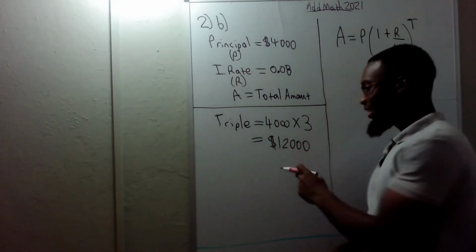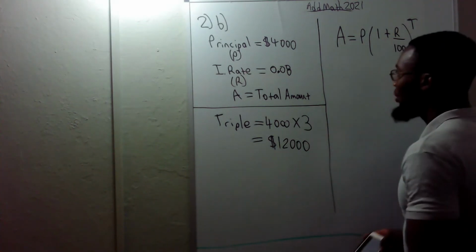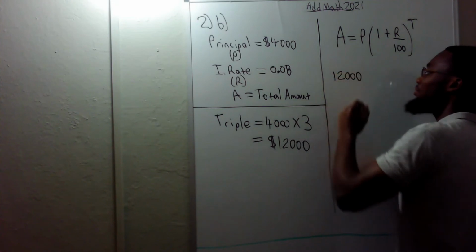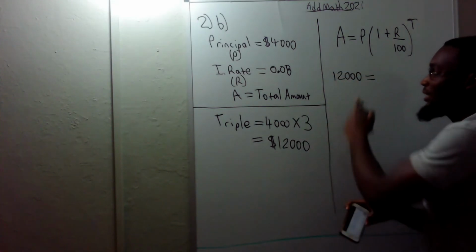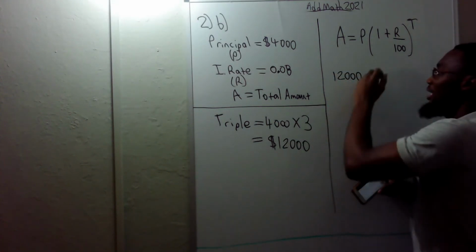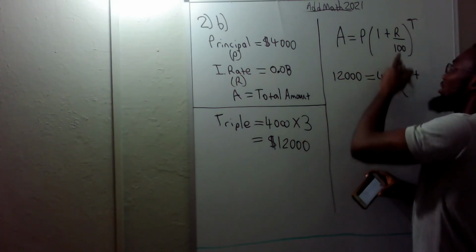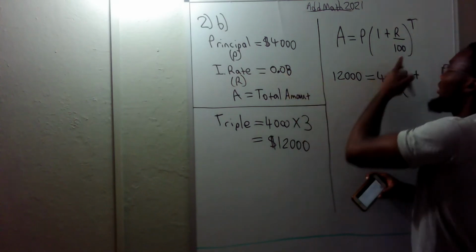12,000. Alright? So since our money would triple at 12,000, we can put that the final amount is 12,000. And it's equal to, this is when it will at least triple, the initial principal 4,000 into 1 plus R, which is 0.08.